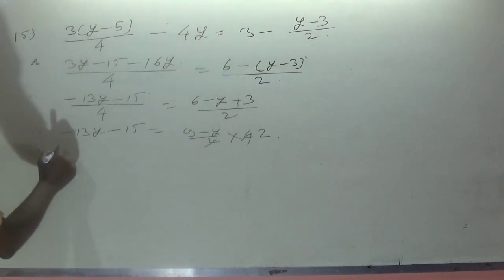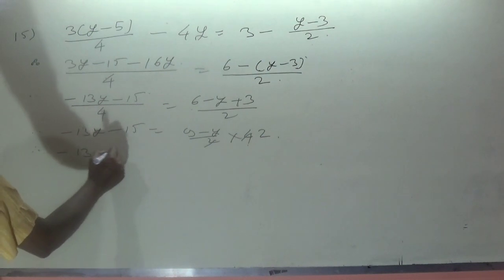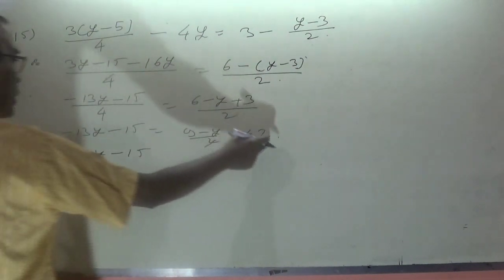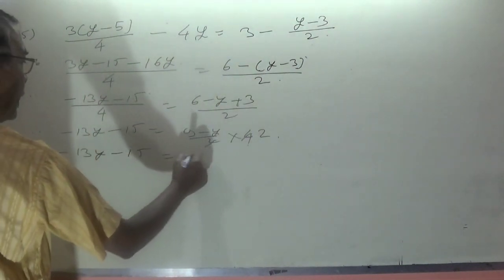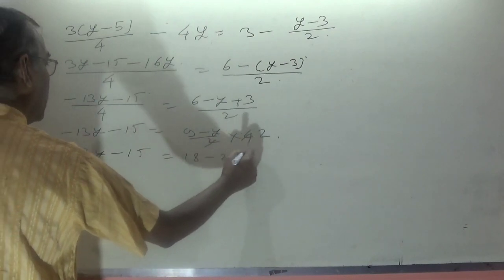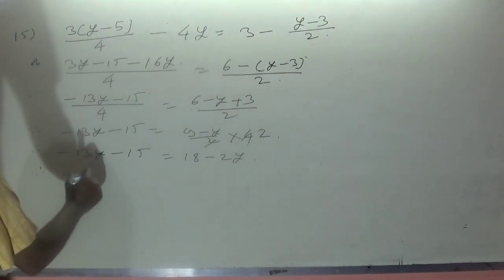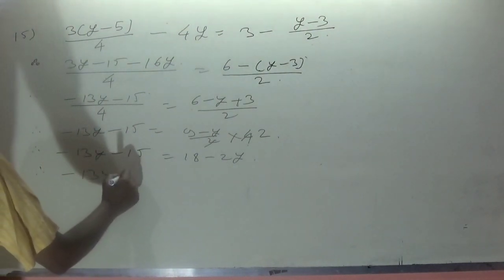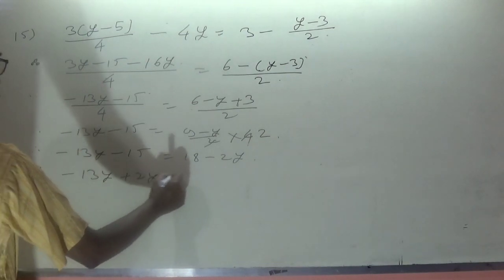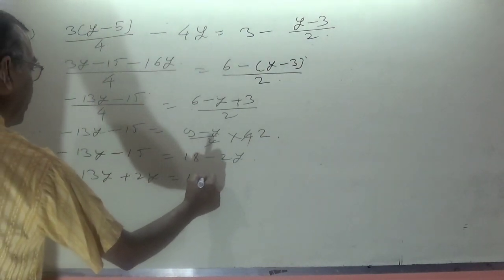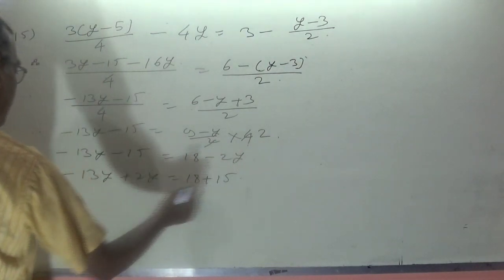So therefore, minus 13y minus 15, and now 2 is going to multiply with 9, 18 minus 2y. So therefore, minus 13y and plus 2y will be equal to 18 plus 15.